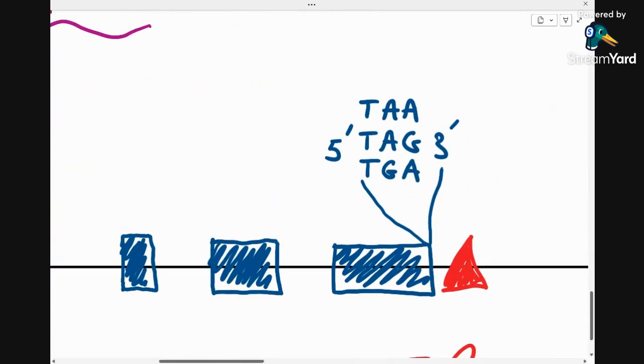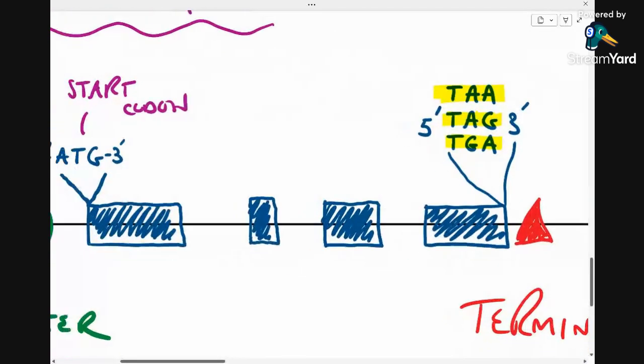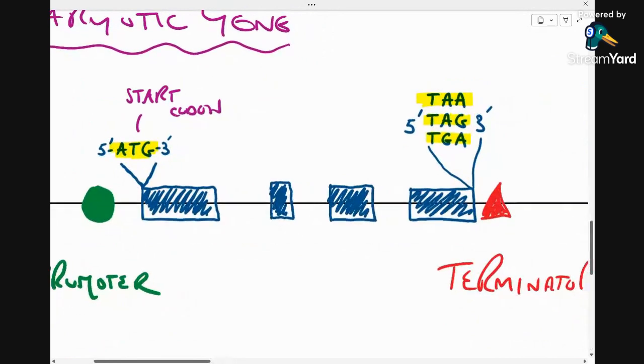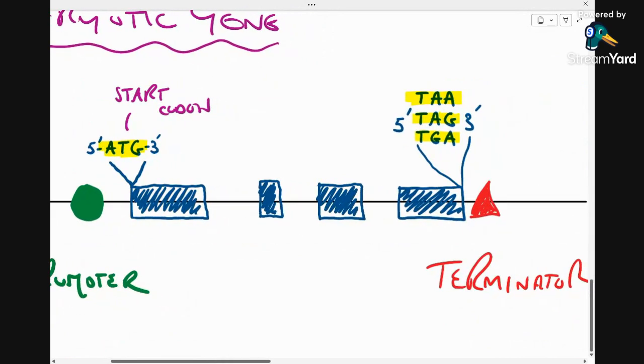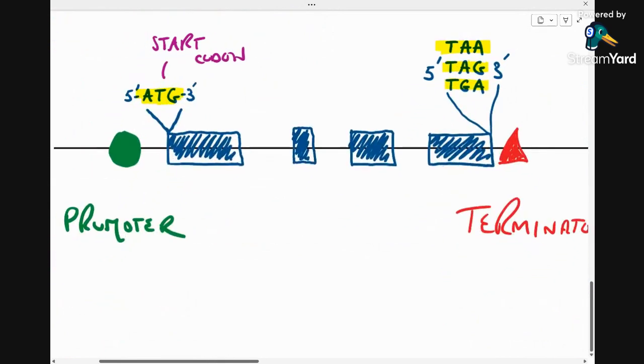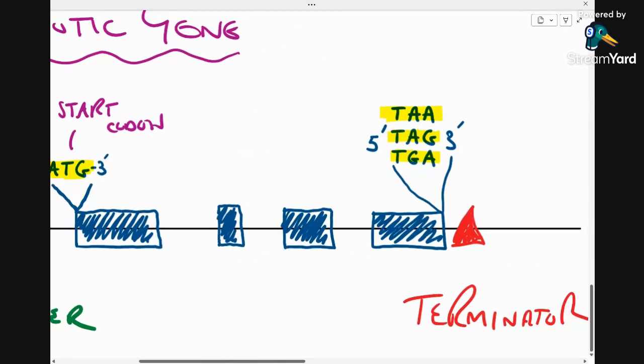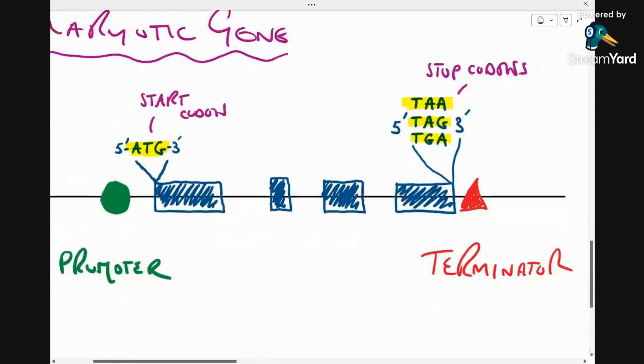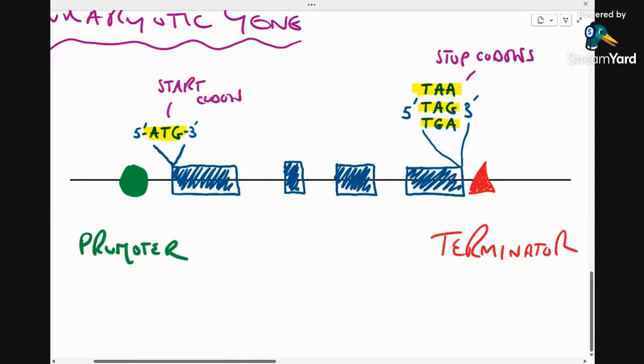The stop codons come in 3 flavors here, and they essentially tell the ribosome to dissociate. They have no amino acid that they code for, so the ribosome dissociates. So that's for translation. These stop codons are for translation, not to be confused with the promoter and the terminator, which act during transcription for RNA polymerase.